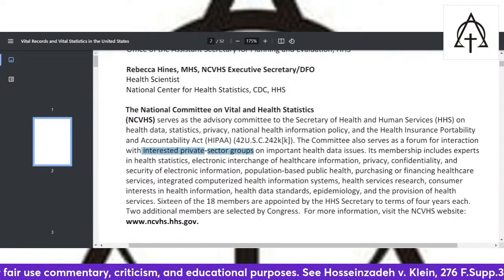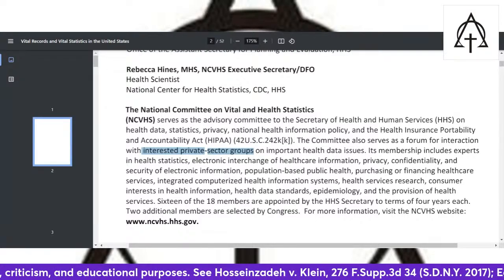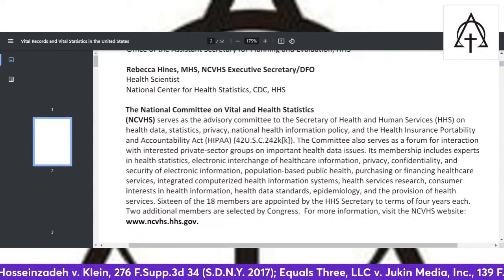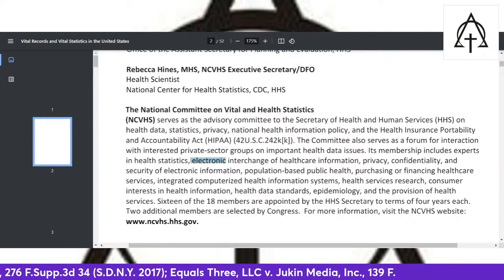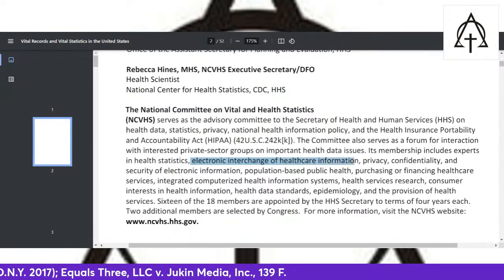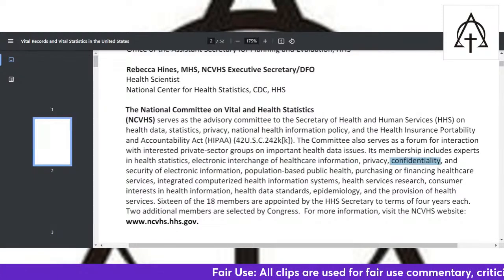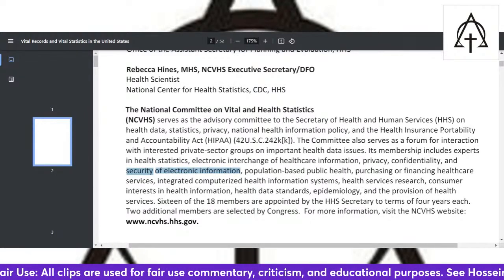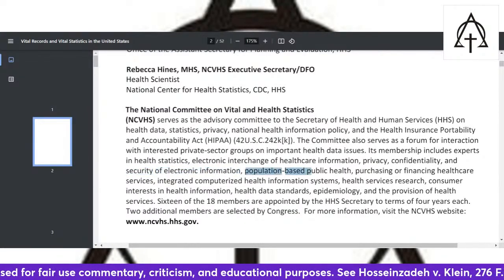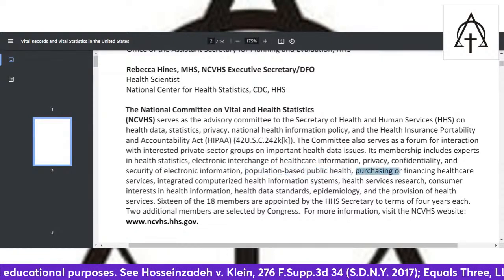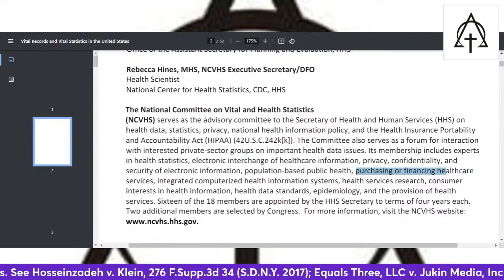Its membership includes experts in health statistics, electronic interchange of healthcare information, privacy, confidentiality, and security of electronic information, population-based public health, purchasing or financing healthcare services.